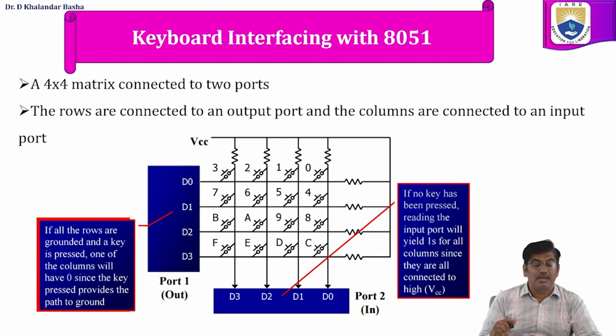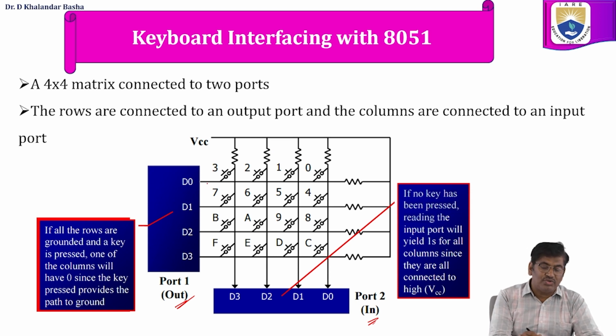Now we will see the example for a 4x4 matrix keypad. The keyboard matrix is connected through two ports. One is for rows, another one is for columns. The rows are connected to an output port, whereas the columns are connected to an input port.